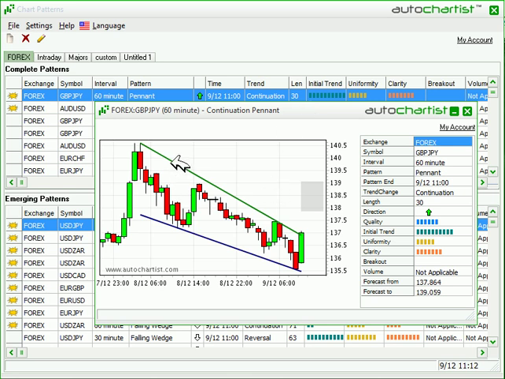So when I take a look at a chart that looks like this, immediately I'm thinking to myself, this looks a little bit more like a falling wedge. Two downtrends. They're not parallel, so I won't call them a channel. So to me, it's a little bit more like a falling wedge.